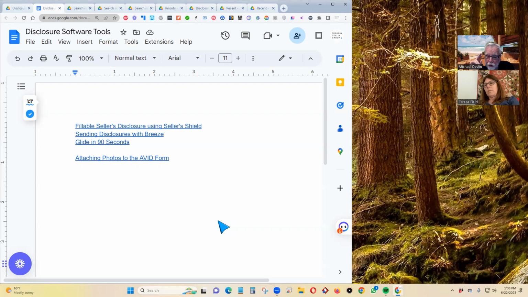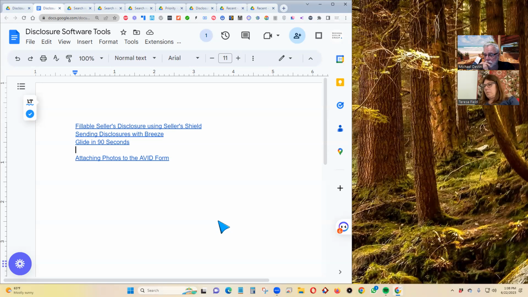So in theory, real estate agents shouldn't have anything to do with this. You send it to the seller and they can fill it out themselves. In theory, that might be true. But in reality, most sellers need help filling out this form. They have questions.